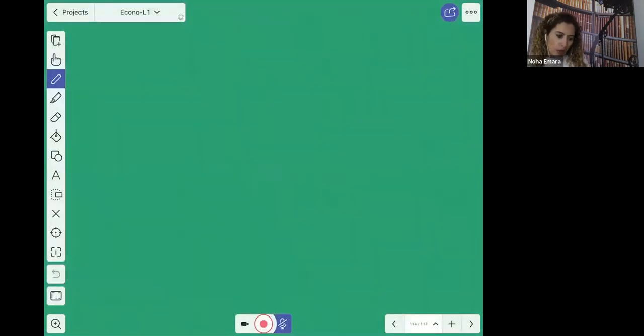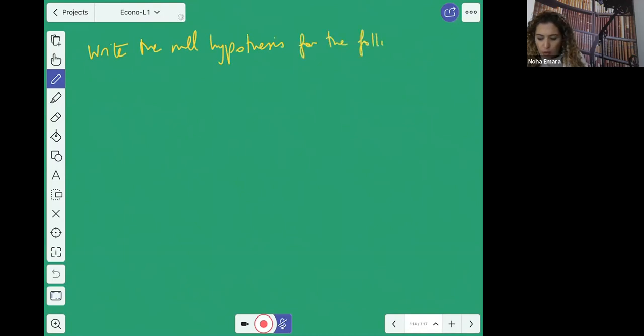Okay, now I can use this regression to answer many questions, and these are the questions that I want you to answer. So write the null hypothesis for the following tests. It's not a question mark, it's just, okay, write the null hypothesis for the following tests.